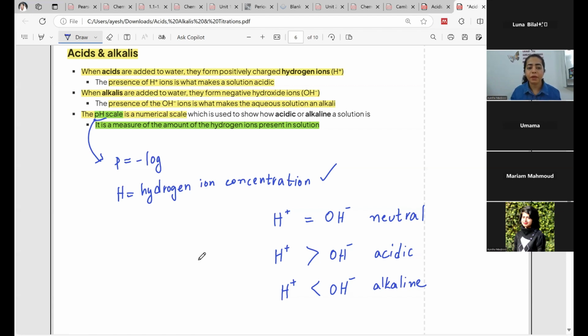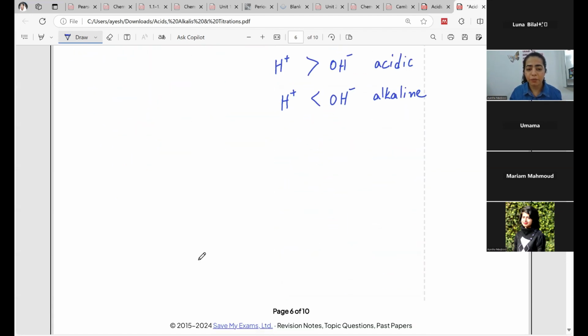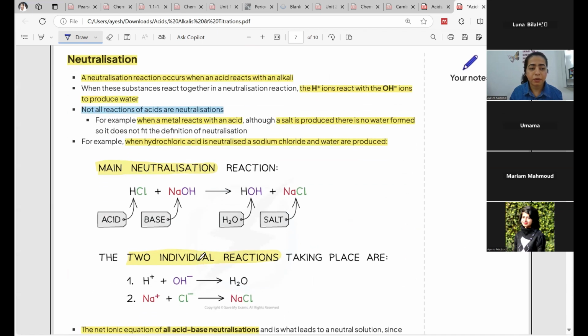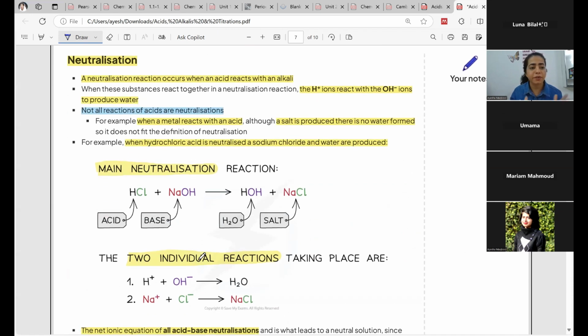Okay, after that, let's move towards the neutralization reactions. Neutralization reactions, we know when we mix just the acid and alkali together, acid is giving you H, alkali is giving you OH. H and OH can mix together and they can make water with the pH 7. So the solution is going to be neutral in that case.